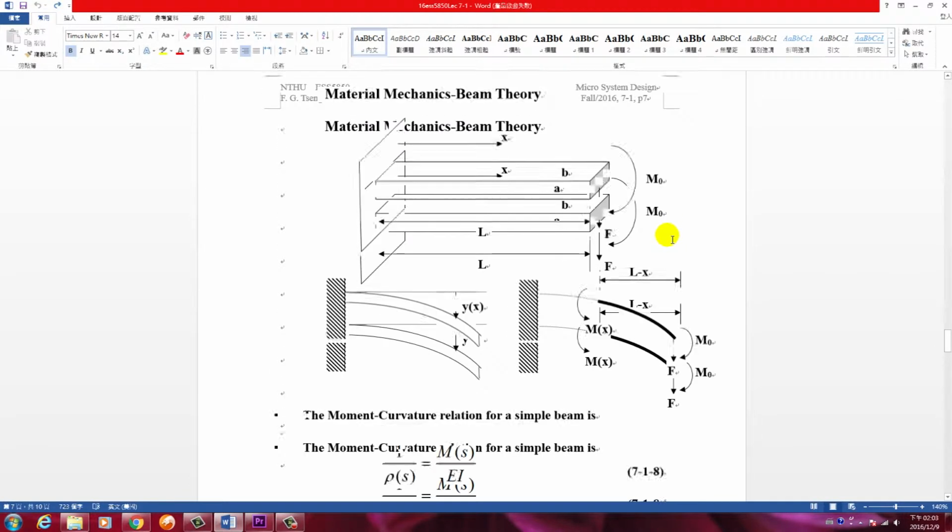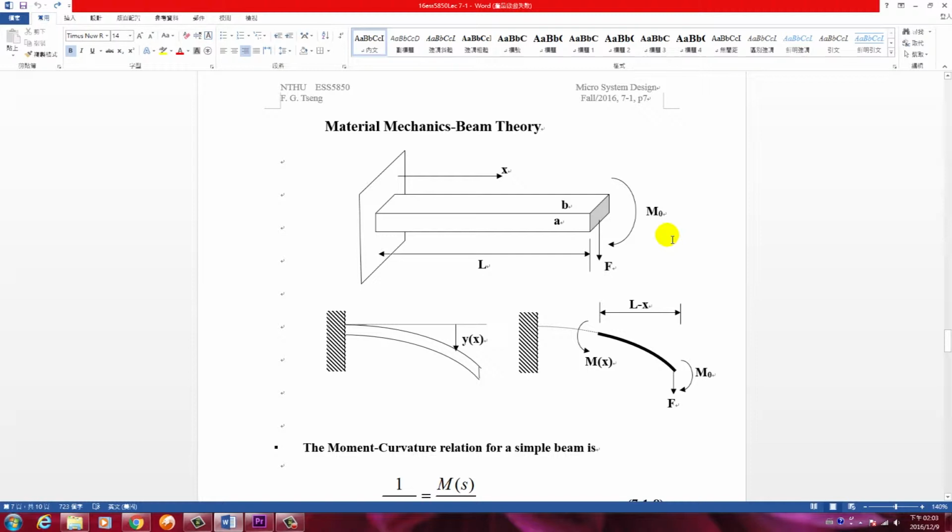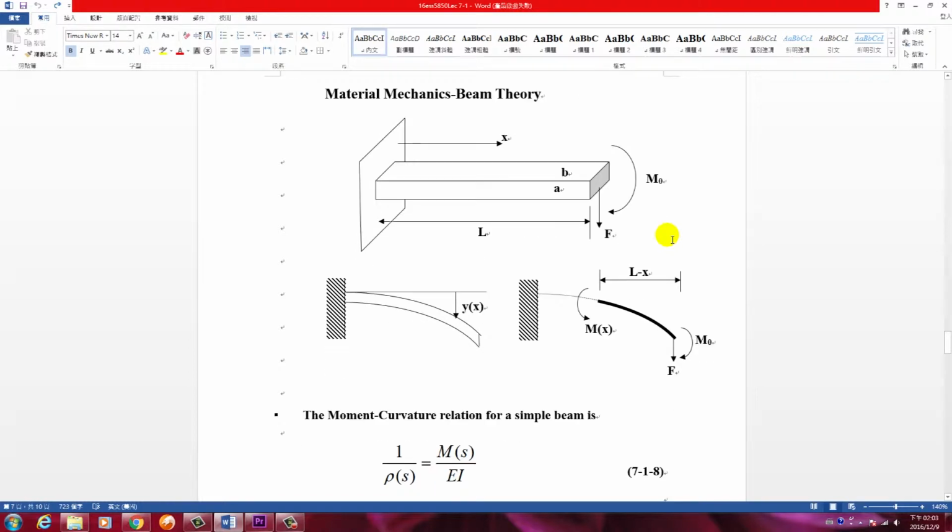So in that case, the proof mass will give a bending moment here, and also a force at the tip. So the tip of the beam will feel 2 actions: one is a force, the other is a bending moment on the beam.